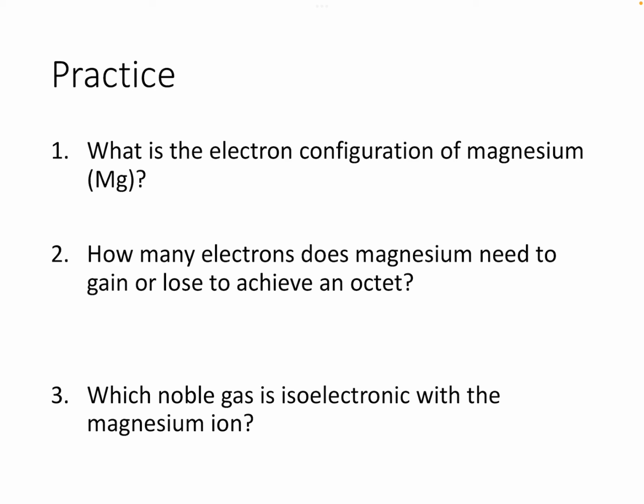So once you figure out what the electron configuration of magnesium is, try to see if you can figure out how many electrons magnesium would need to gain or lose to achieve an octet. And then which noble gas would be isoelectronic with the magnesium ion? So I'll let you work on this on your own first, so feel free to pause the video, and when you unpause, we'll go over it together.